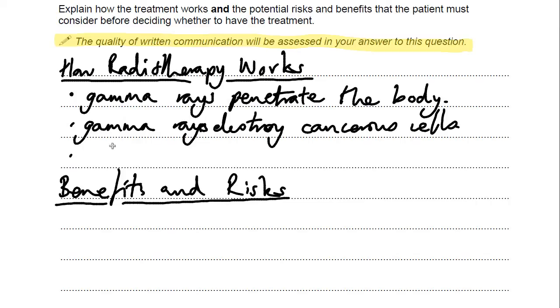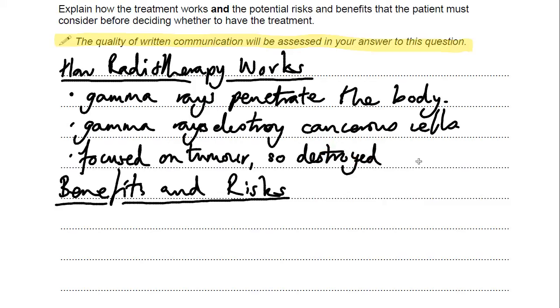So it's focused on the tumour, so destroys less healthy cells. It's a hard thing to understand, or hard thing to explain at least. Okay, so like, why rotate it?